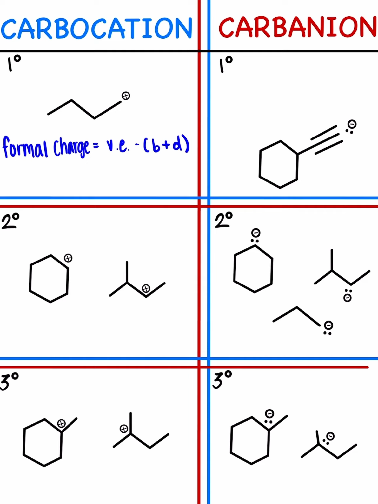Now let's begin, because there's primary, secondary, and tertiary for both, and I want you to see why. In this one, it's only attached to one carbon, so that's why it's a primary carbocation. The reason it's a cation specifically is because of the formal charge.